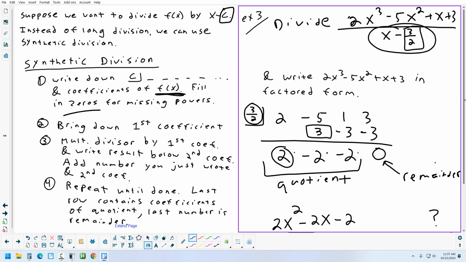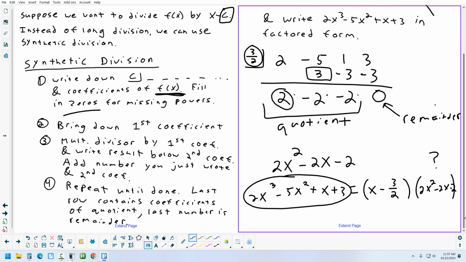Now, if x minus 3/2 is a factor, which it is, what does that mean about the number 3/2 itself? 3/2 is a 0. What's another word we use for it? Root. It's also an x-intercept. This graph would cross the x-axis at 1.5. Where else would it cross the x-axis? I don't know.